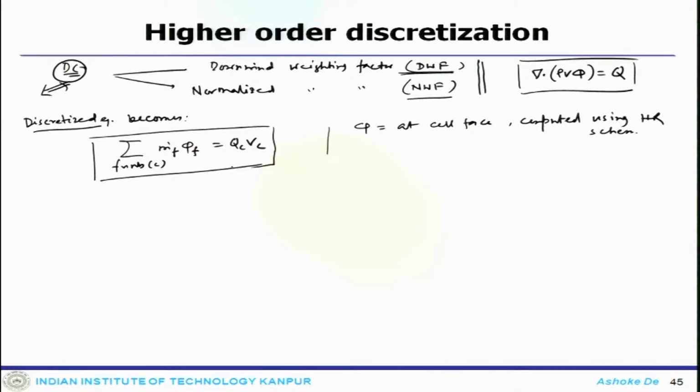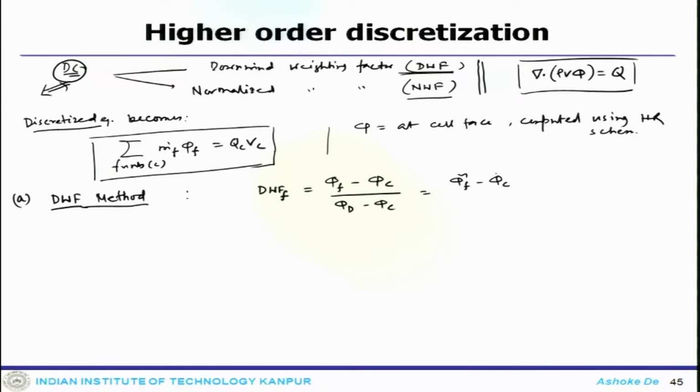Now, we will first look at approach A, that is the downwind weighting factor method, or DWF method. In that method, the DWF factor can be defined as phi f minus phi c divided by phi d minus phi c, which is phi f tilde minus phi c tilde divided by 1 minus phi c tilde.